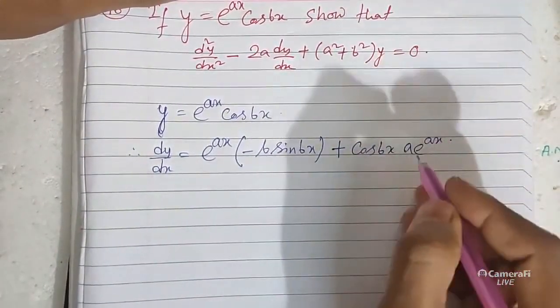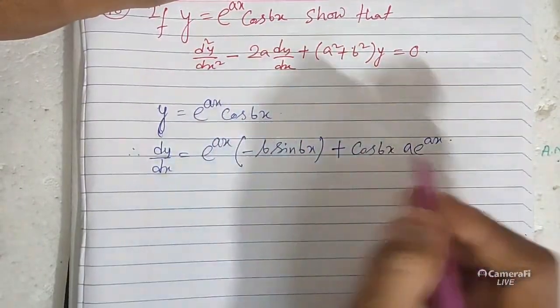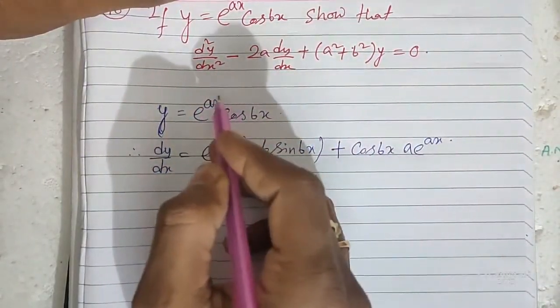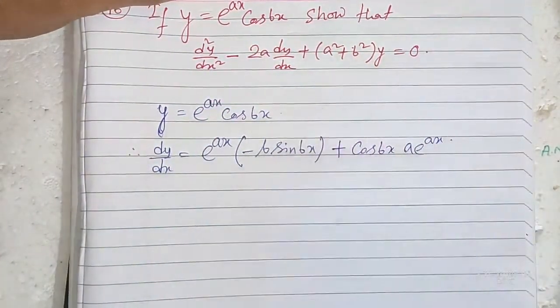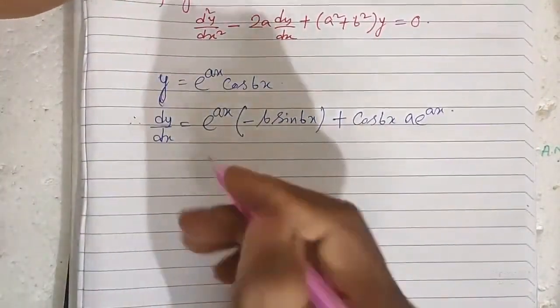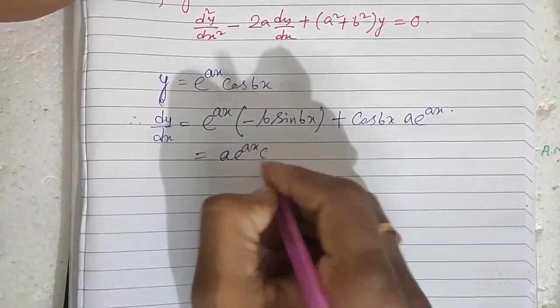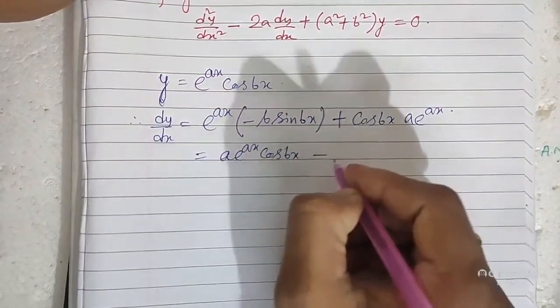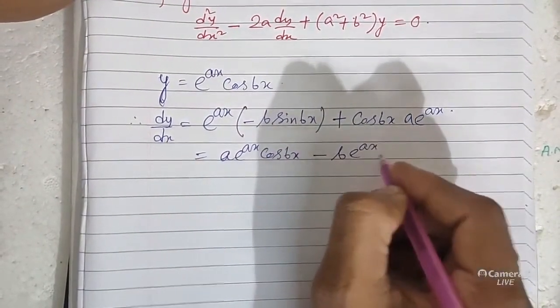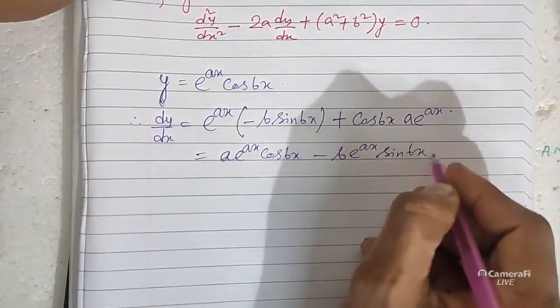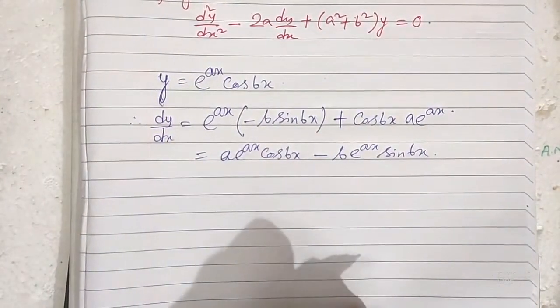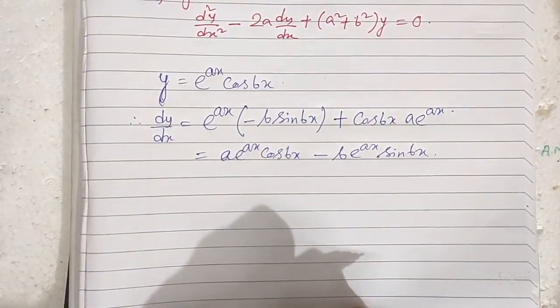How it comes? Because ddx of e to the power x is e to the power x and ddx of ax is a, that's why a e to the power ax. So here it is coming a e to the power ax cos bx minus b e to the power ax sin bx. This is the value of dy by dx.